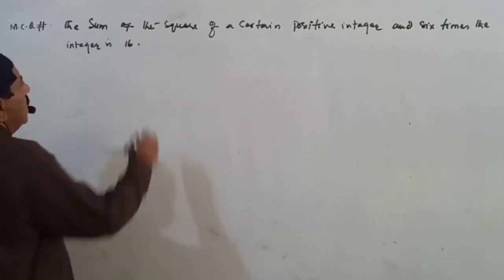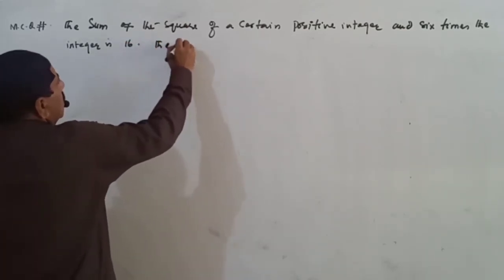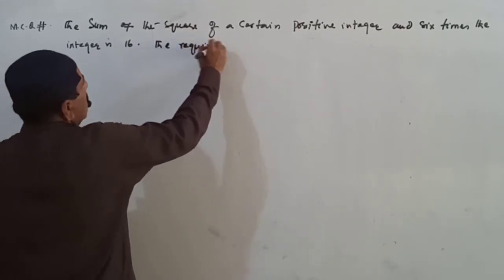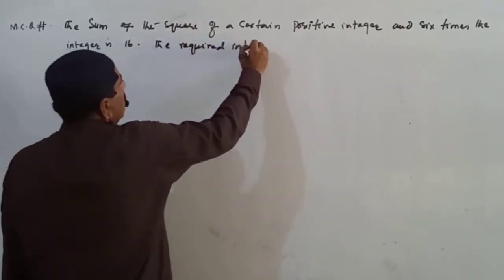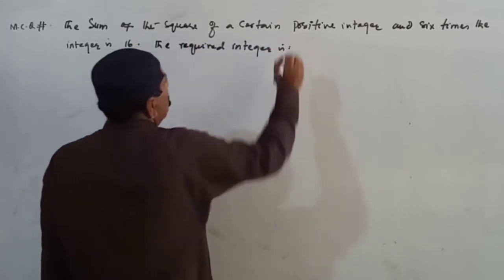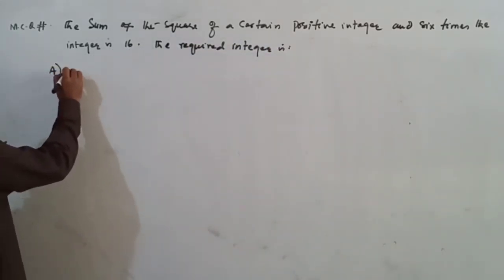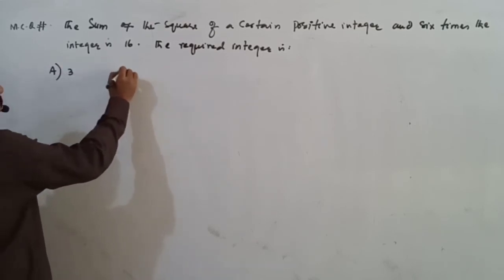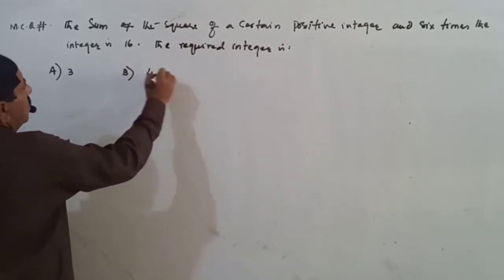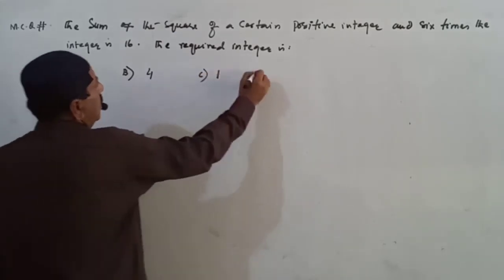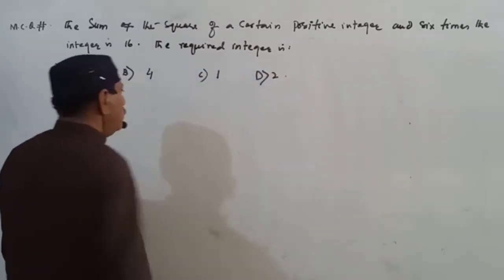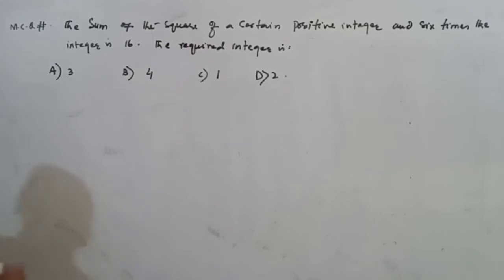The integer is: A, it's 3; B, it's 4; C, it's 1; D, it's 2. Okay.